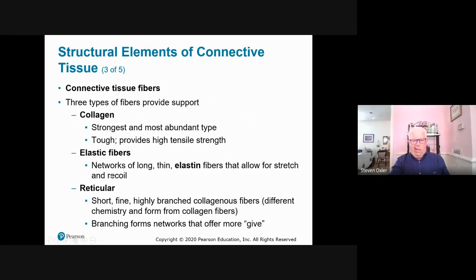And you also have reticular fibers, which give it more tensile strength, or give. So collagen, the strongest; elastic, which stretch and recoil; and reticular.